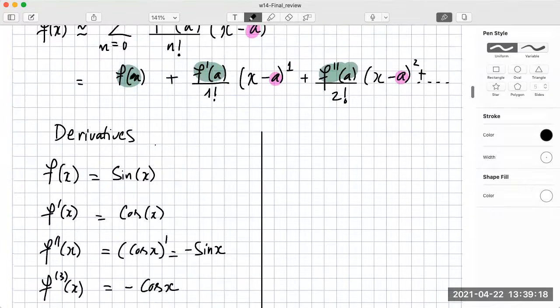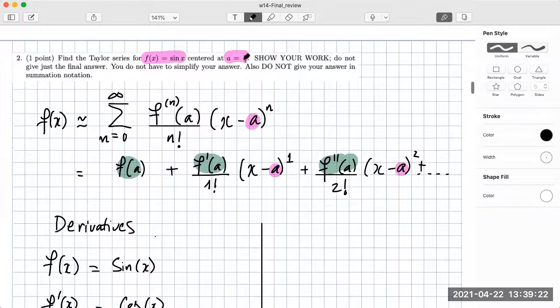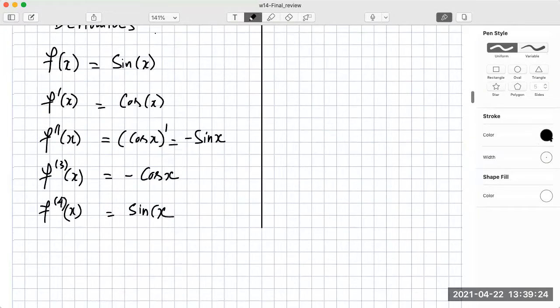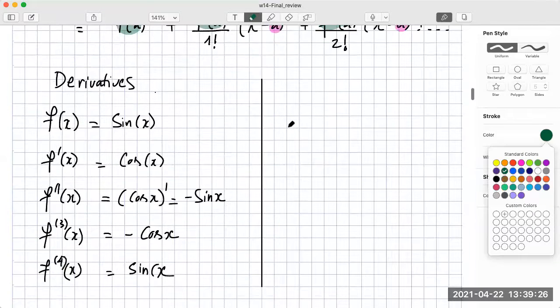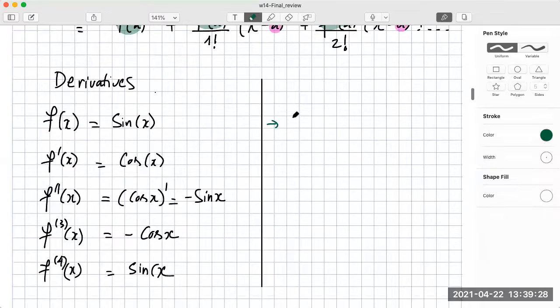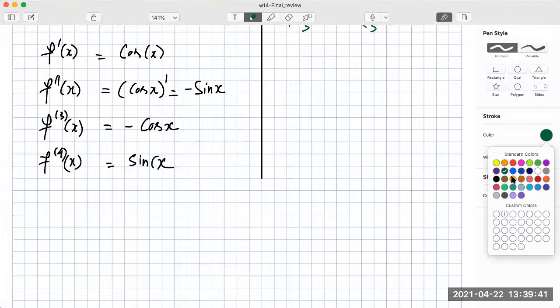Our job here is to evaluate the values at this point, a equal to pi over 3. Therefore, we need to find f at pi over 3, which is sine of pi over 3. For those who don't remember these properties, let us draw a special triangle.